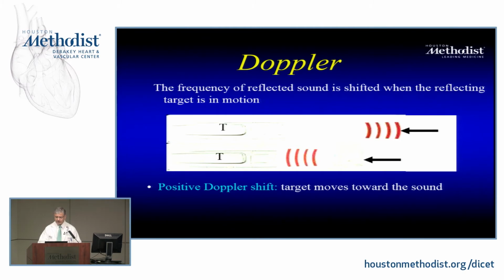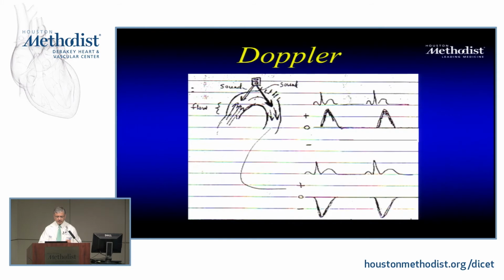So this is the depiction here. Basically, if the object is coming towards you, I'll have a positive shift in frequency in the kilohertz range. If it is going away from you, it will be a negative one in the kilohertz range. I kept this because this is Mike Quinones's drawing. And Mike, I don't want to date this, but maybe about 20-some years ago when he used to give this lecture.